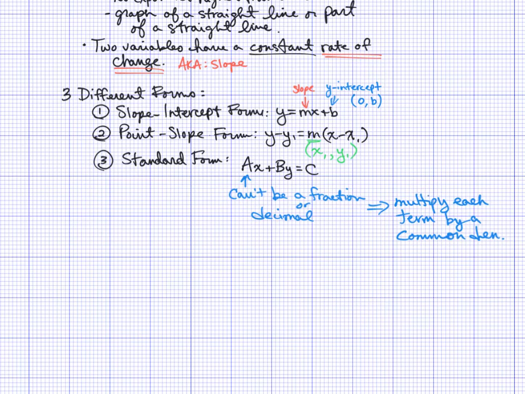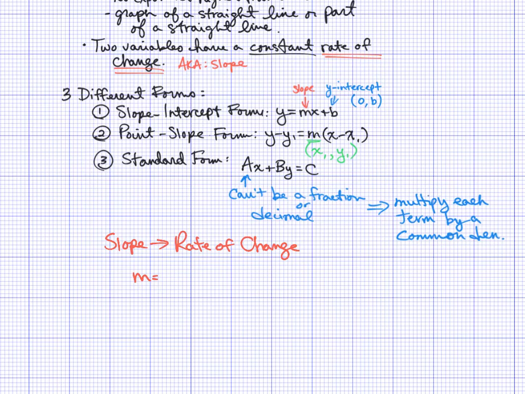Now I want to take a few minutes and just review the idea of slope or rate of change, right? We can use those interchangeably. Of course, we use the letter m, and we can define the slope in a few different ways depending on what sort of model we're looking at in our linear function.